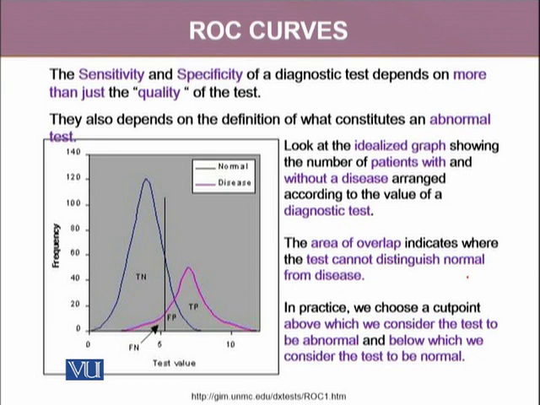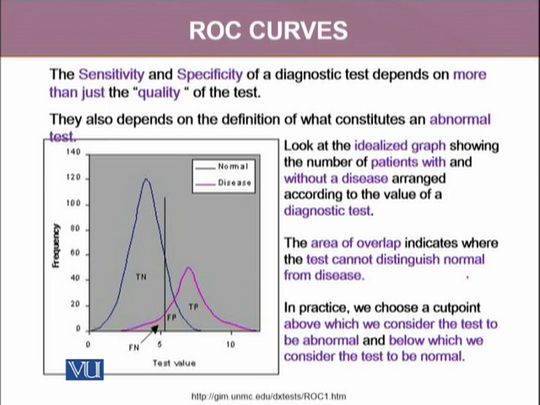Look at this diagram where the blue line shows the normal test results and the purple line shows those individuals having the disease. This is an idealized graph showing the number of patients with or without a disease, arranged according to their diagnostic test.